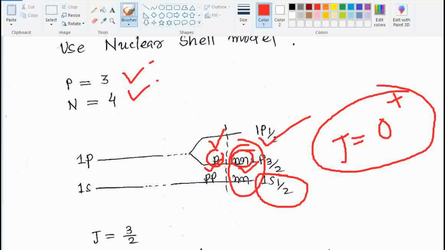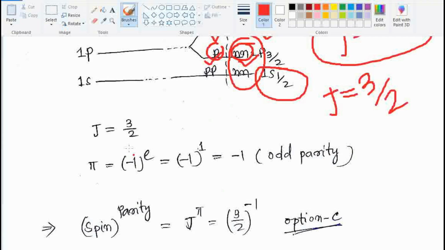As it is singly present in the 1p3/2, the nucleus has spin 3 by 2. Spin means the total angular momentum: orbital angular momentum added with spin angular momentum, that combination is known as spin in nuclear physics. So J equal to 3 by 2.